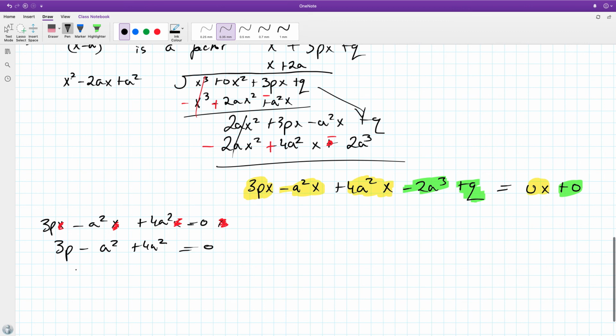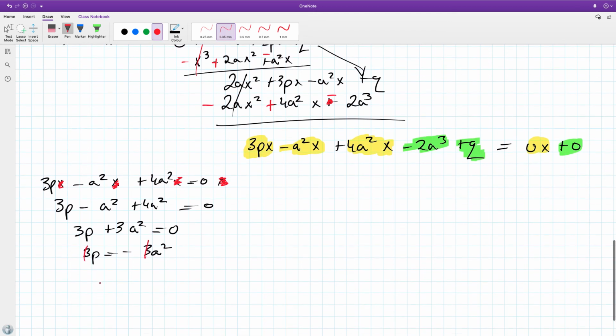They can come together: 3p plus 3a squared is equal to 0. And what do they want me to show? What's one thing they want me to show? So p on the left. What's going to happen? The 3's cancel, and there's one of your answers. p is equal to minus a squared.